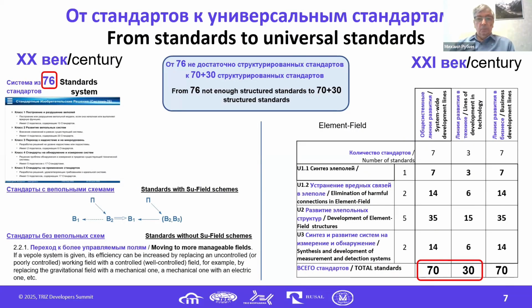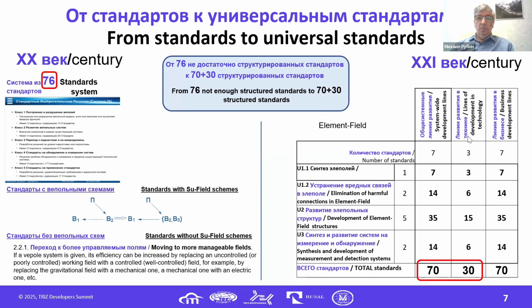So those standards that are related to development lines, they were identified separately. So this combination of structure standards with standards related to development lines. So that was possible in such a way.